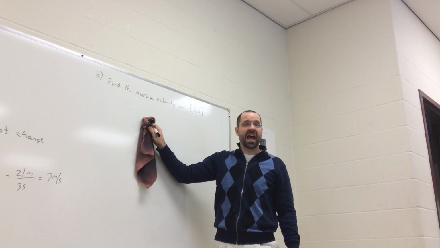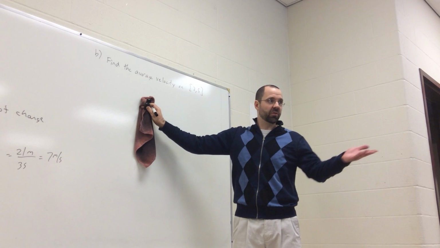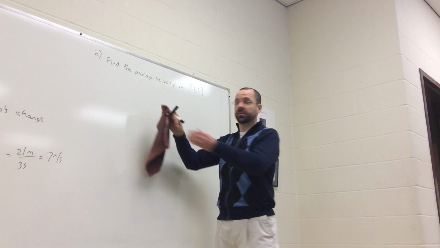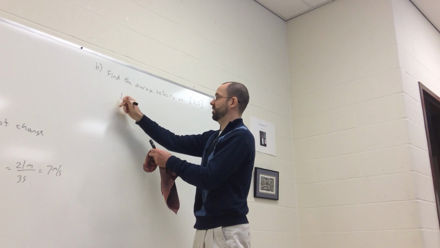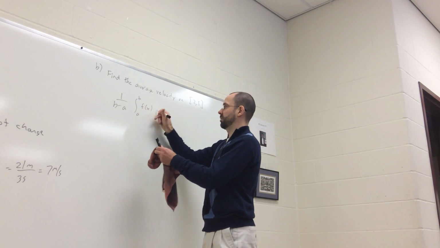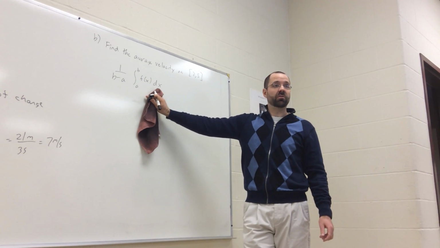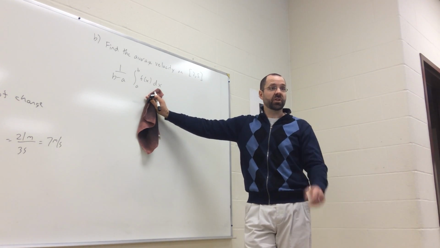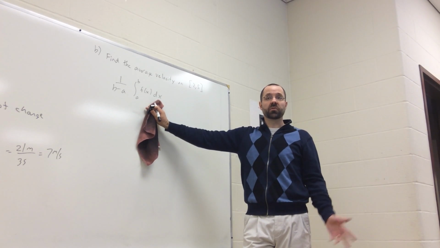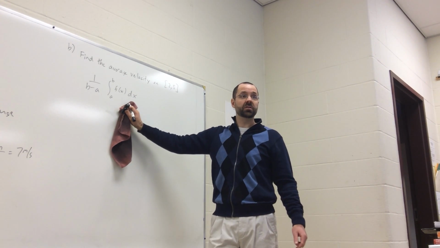What's the formula for the average of a function? 1 over b minus a times the integral from a to b of f of x dx, right? Okay, so the formula we're going to use is this one. That's just the general formula for the average of any function f on the interval [a, b]. So of course, for this problem the interval is [2, 5], so the a and the b are going to be 2 and 5.